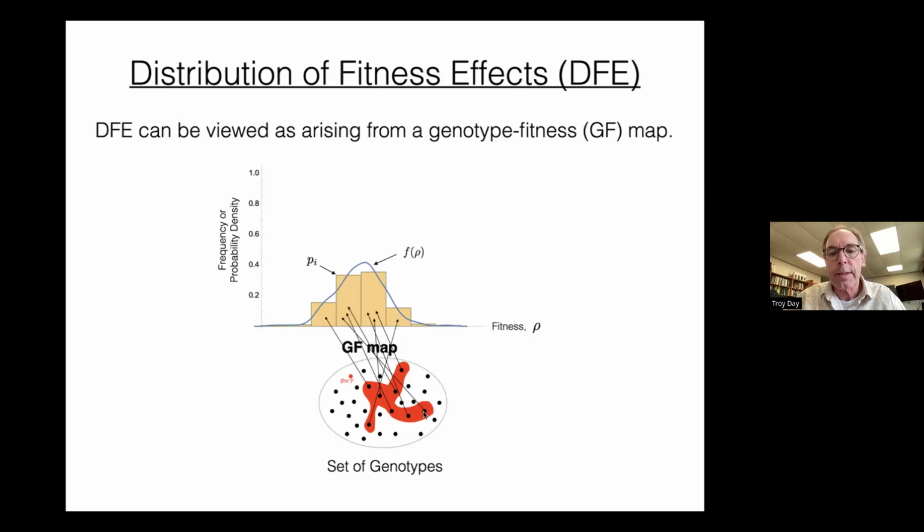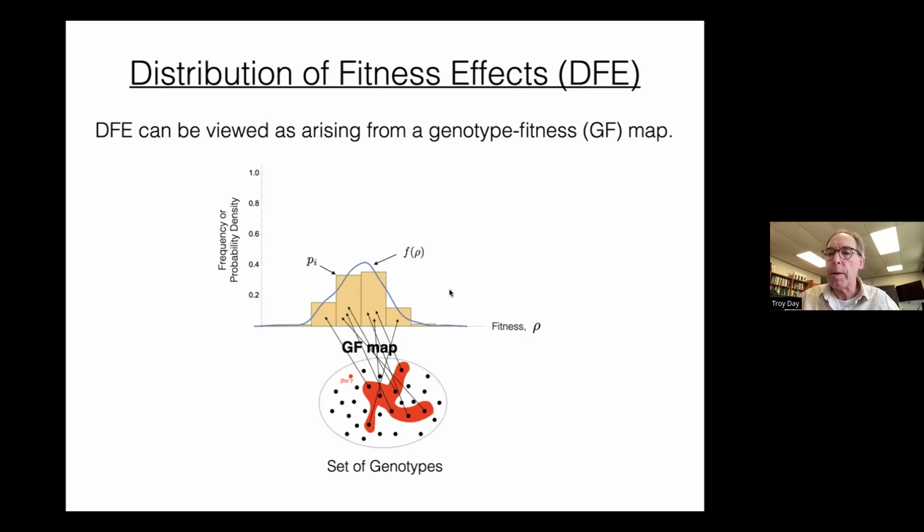Then there's a space of all possible genotypes. We take a wild type genotype and we generate a bunch of mutations. That's what's shown in red here. And you measure their fitness and they get mapped to one of these fitness bins. And so this distribution of fitness effects, which is this histogram, you can think of as arising from a particular genotype fitness or genotype phenotype map. The curve here is just a continuous probability density approximation of that histogram.